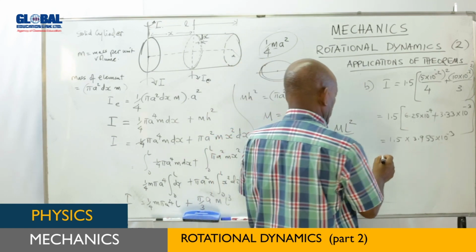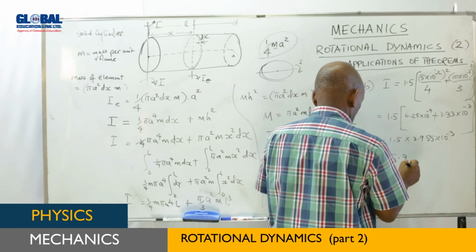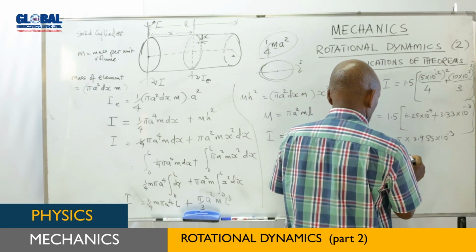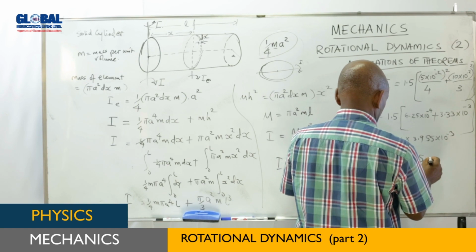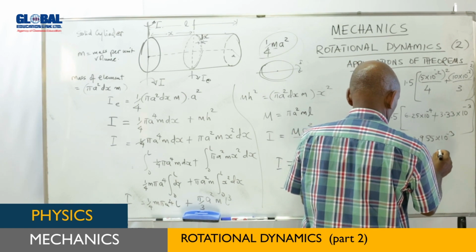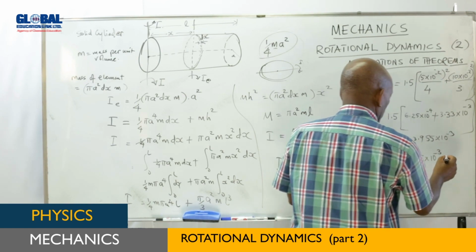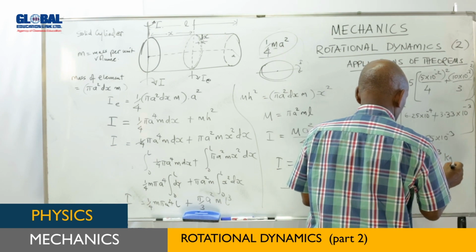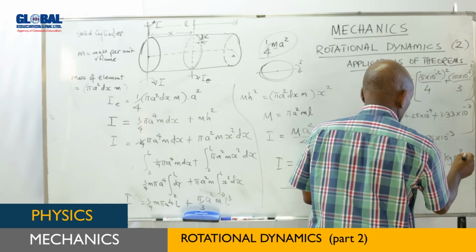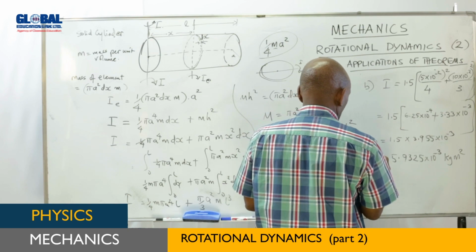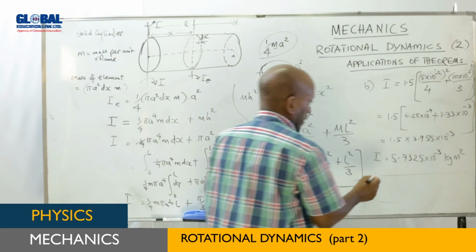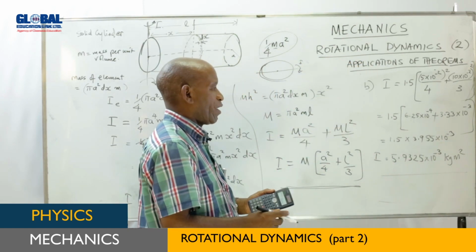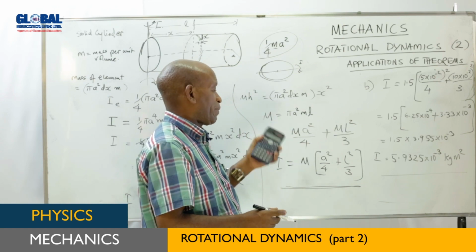We are going to get 5.9325 times 10 power negative 3 kilogram meter squared. This is the moment of inertia of that particular solid cylinder whenever it's rotated about that particular axis.